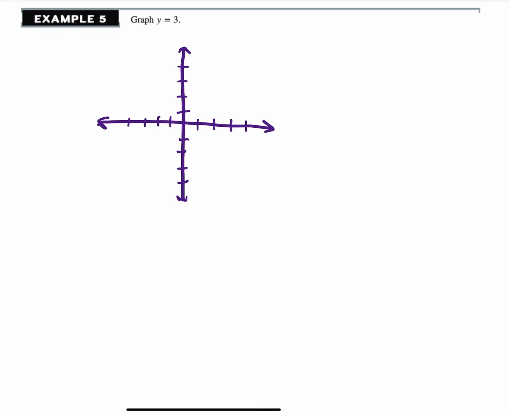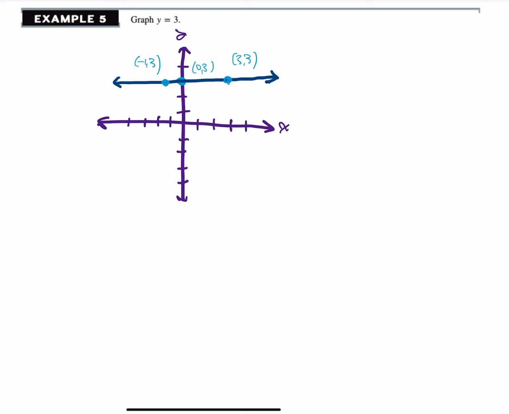So I can imagine on the y-axis, up at positive 3, imagine a point there, and then a horizontal line going through positive 3. So we can imagine this is the point 0, 3. We could have this point here, which is 3, 3, or maybe over here, this would be negative 1, 3. Y is always equal to 3.